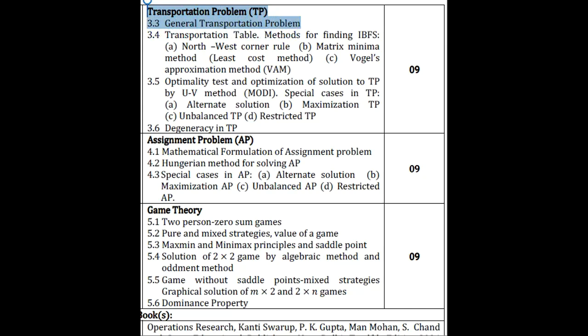That means how to form a transportation problem, then transportation table, how to construct a table, methods of finding initial solution, initial basic feasible solution. There are different methods: north-west corner rule, matrix minima method, or it is a least cost method.